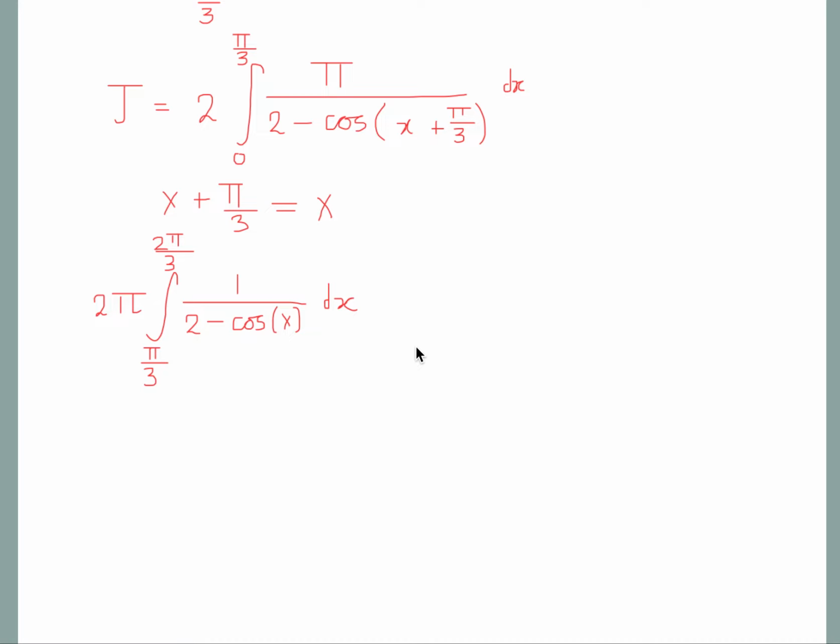Okay, so this looks a lot more manageable. Now I would suggest, if you're not really sure where to go from this point, that you look at what I'm about to show you, which is a thing called the tan x on 2 substitution, or the Weierstrass substitution. I think it's got its own Wikipedia page, so you can look at that.